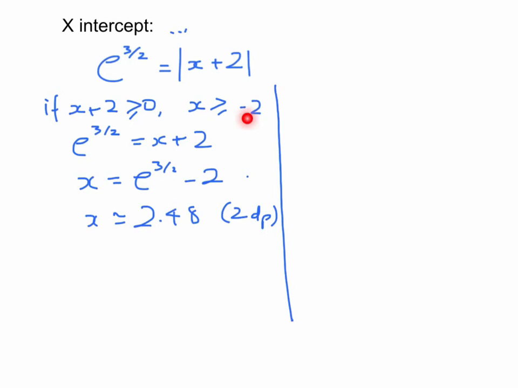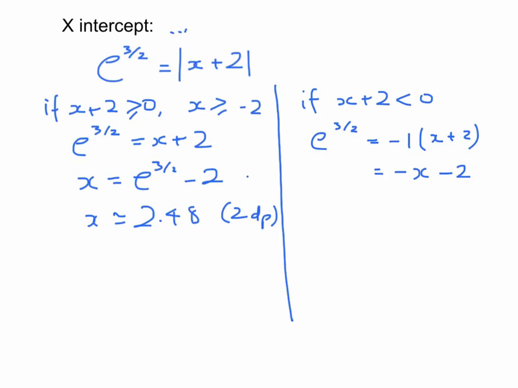Now the second scenario is where the contents of the absolute value are negative. So we have if x plus 2 is less than 0, then e to the power of 3 on 2 is equal to the negative 1 times x plus 2. And that gives you negative x minus 2, which you can then solve for x by adding 2 to both sides.